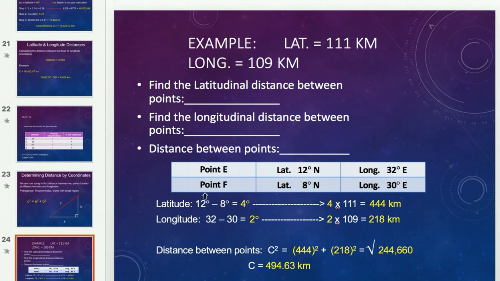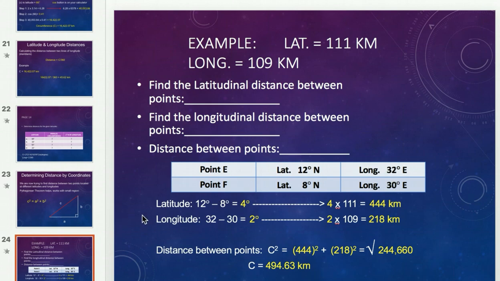So what you do is you find the difference between your latitudes and your longitudes. You can just take 12 minus 8 and right under that write 4. And then your difference in your longitudinal coordinates is going to be 2 degrees, correct? Because you just take 32 minus 30.